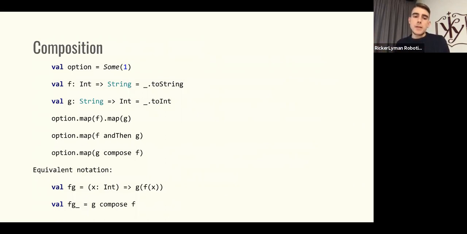And the composition itself is, for instance, you have two functions f and g, and when you apply two maps in a row, for instance on an Option, you map with the function f and map with the function g. This is the same as stating that we want to apply f and then g.